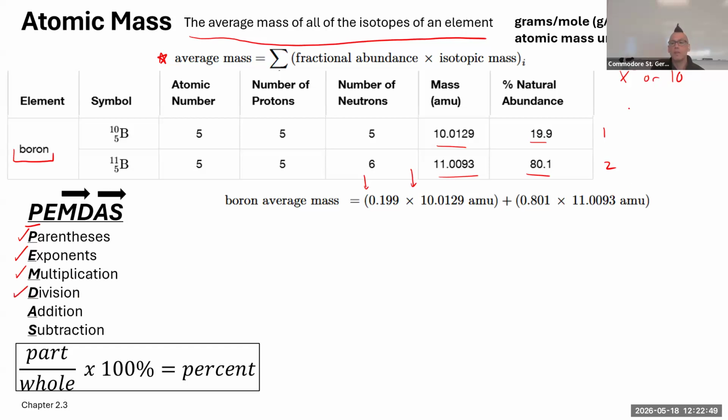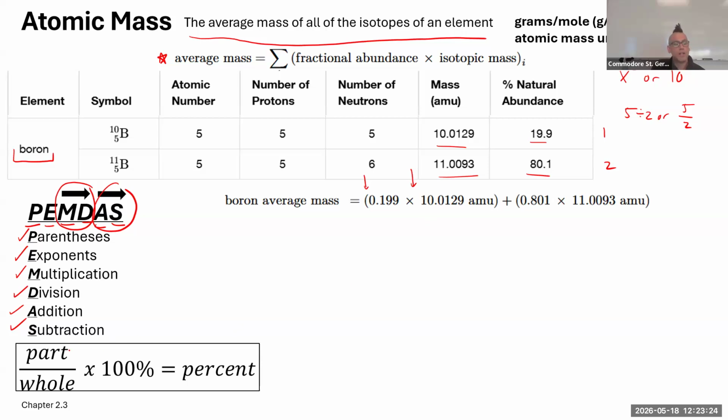And division is something like 5 divided by 2 or 5 over 2. That's multiplication and division, and I have an arrow over that because we want to do multiplication and division at the same time, but from left to right. Addition and subtraction, we also want to do at the same time from left to right. So we're going to use this to be able to calculate this equation properly.